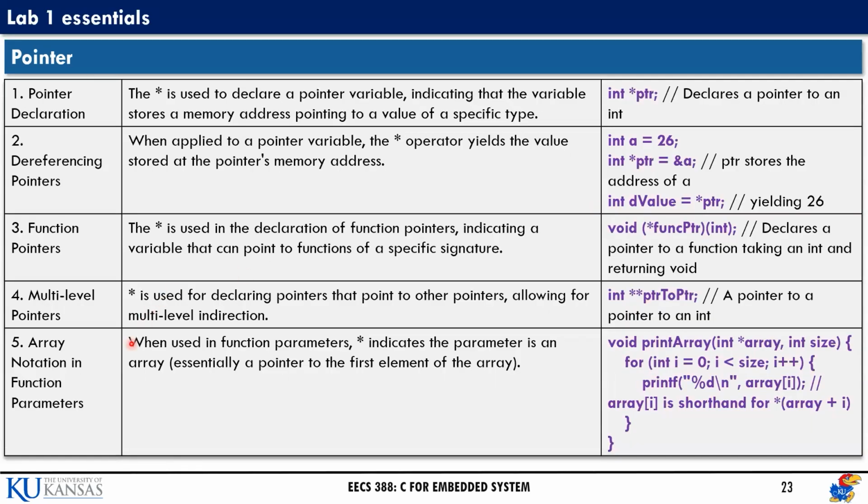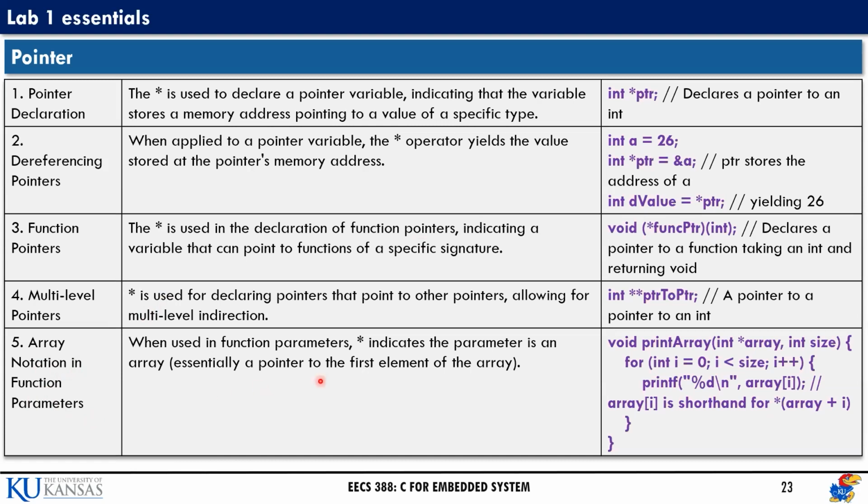Yes. Now we have the array notation in the function parameters. As we know, we can create an array with fixed size, but we can also create an array using a pointer.